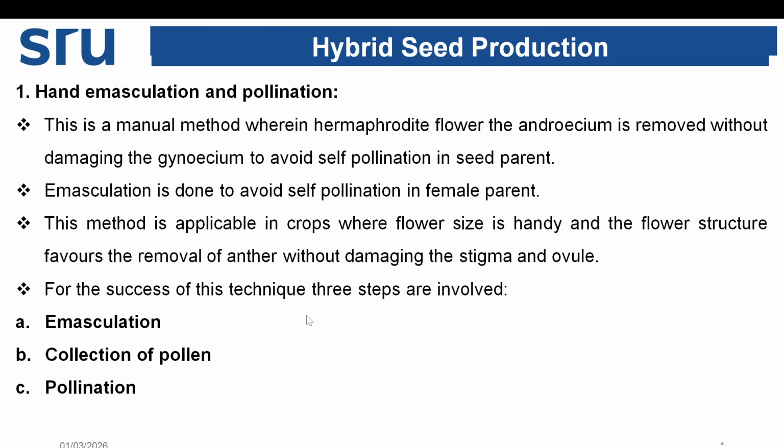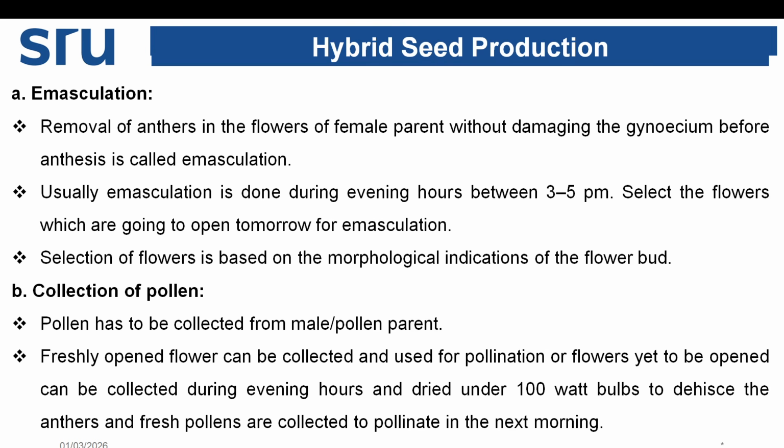So for success of this technique, generally 3 steps are involved. First you need to do emasculation, you need to collect the pollen, and at last you need to go for pollination. So emasculation means what? Removal of anthers in flowers of the female parent without damaging the gynoecium before anthesis.